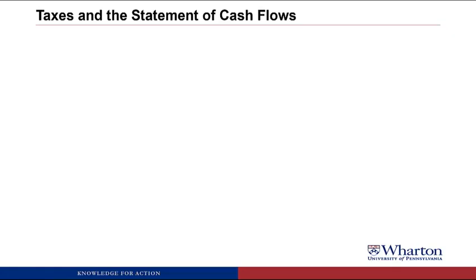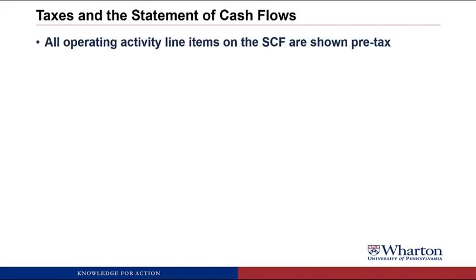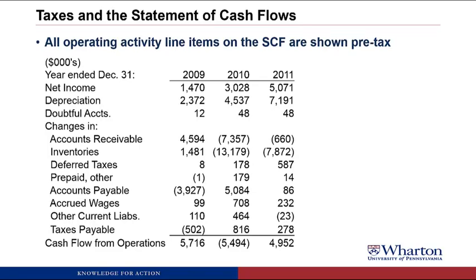When we talked about the statement of cash flows earlier in the course, we talked about how we were going to ignore taxes. And that was actually the correct approach because all operating activity line items on the statement of cash flows are shown pre-tax. Now let me bring up an operating section cash flow statement from an earlier video. Net income, of course, is after tax, but by operating activity line items, I mean things like depreciation, the doubtful account expense, the changes in accounts receivable, inventory, prepaids, payables, wages, and so forth.